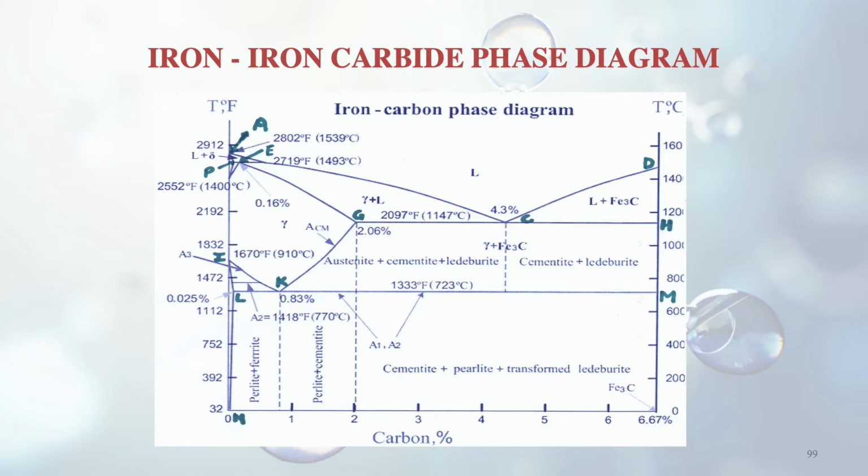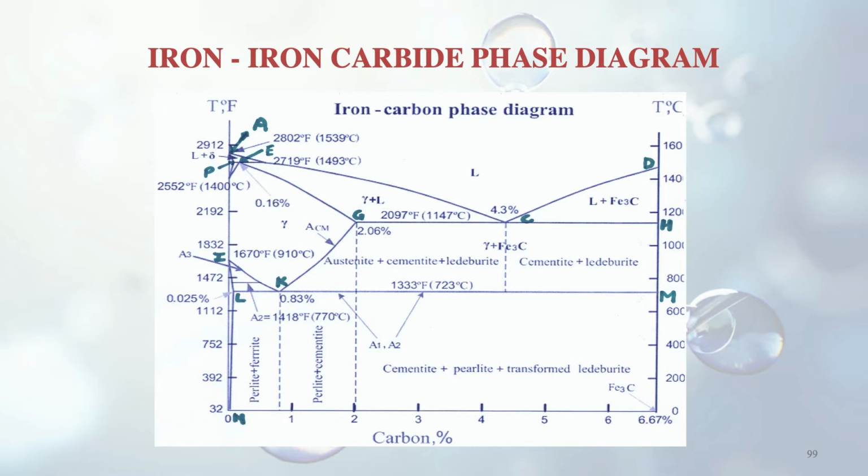Now suppose we take another case where the carbon percentage is different. Suppose we start with 3% carbon. You can come to the middle of the graph and see 3% carbon. If we start cooling from there, it will move along the line GC, and there is the eutectic point at 4.3%, and when we are cooling, we see a mixture of austenite plus cementite plus ledeburite.